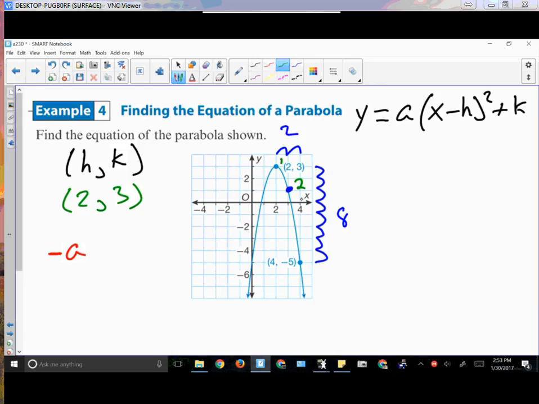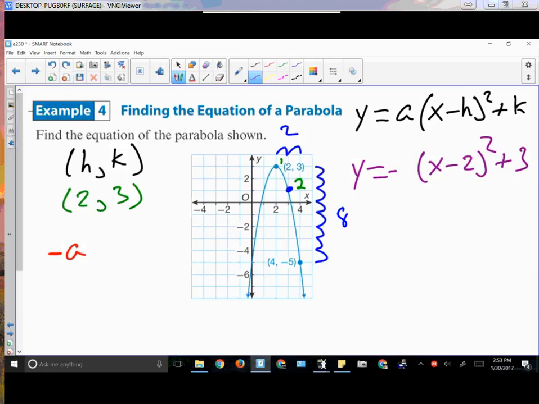How do I get it to move from 1 and down over 2? Okay, so here we go. So y is equal to, because we're working on the a bit, right? We know that it's going to be negative. We know that it's going to be (x minus 2) squared plus 3.